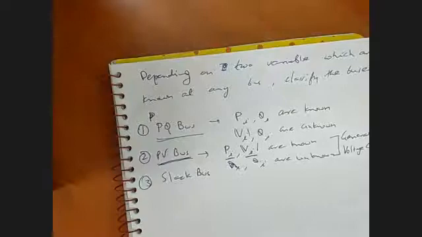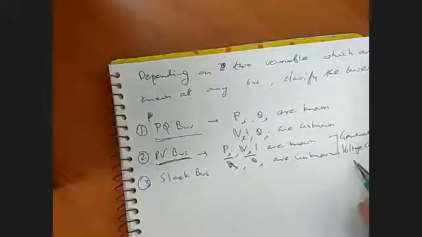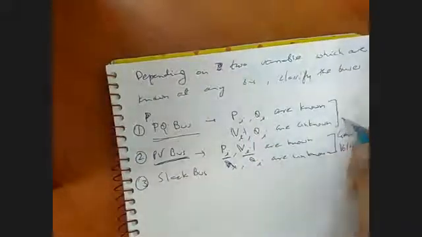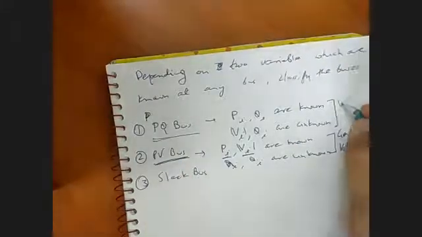So that means it is a fixed quantity. That's why it is known as generator bus or voltage bus also. And because we are calculating active power and reactive power at the PQ buses, they are also known as load bus.